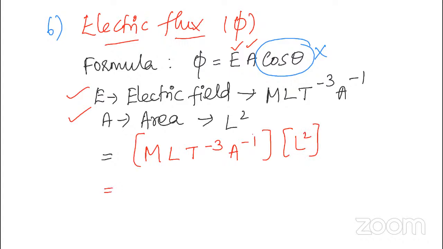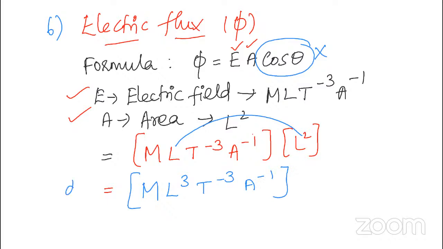So here L into L square, that is L cube, M L cube T power minus 3 into A power minus 1. So this is the dimensional formula for electric flux.